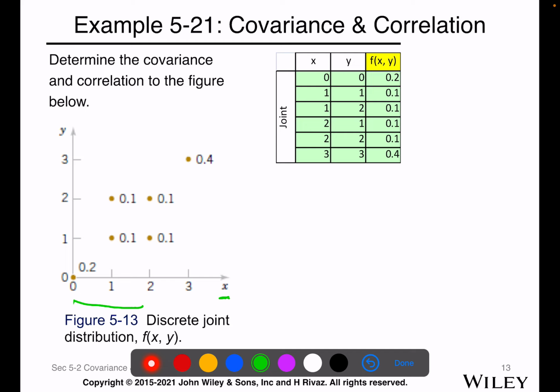Now I can tabulate those into this table like this. So for example, this means that if x is 0 and y is 0, probability is 0.2, right? So all of these, how many numbers I have here? 1, 2, 3, 4, 5, 6, right? So all of these 6 numbers are in these 6 rows of this table.